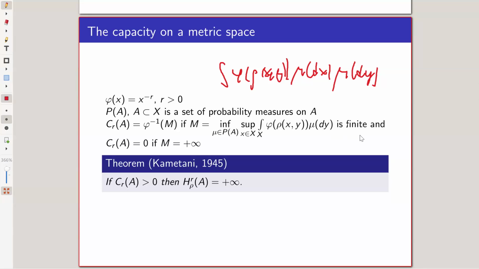I am also asking about the relation with Brownian motion. We know that if we have a set of positive capacity in 3 dimensions, then it is visited by Brownian motion. And this capacity is also related to the visiting of sets. You're absolutely right. But for this, we need a specific function phi. If for some specific function phi we have capacity 0, then the set is not visited, and so on. The same happens in your situation too?